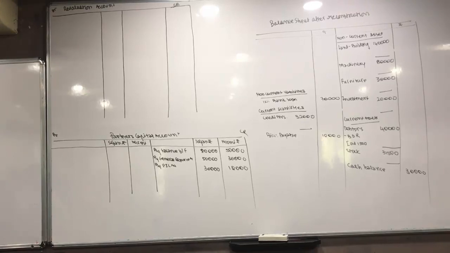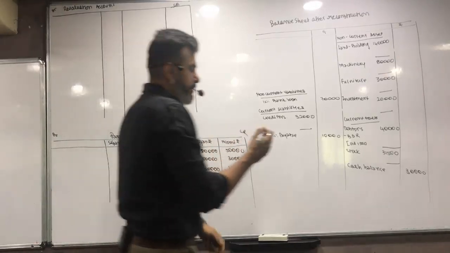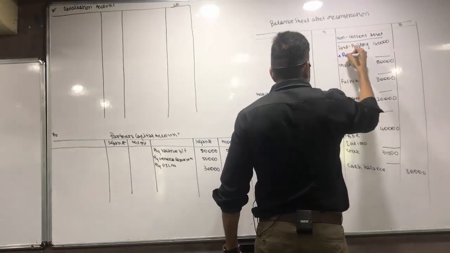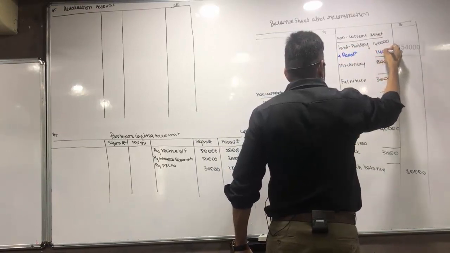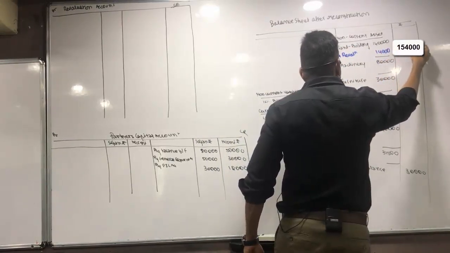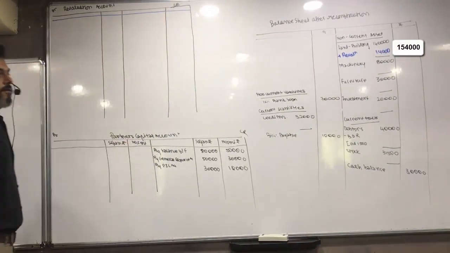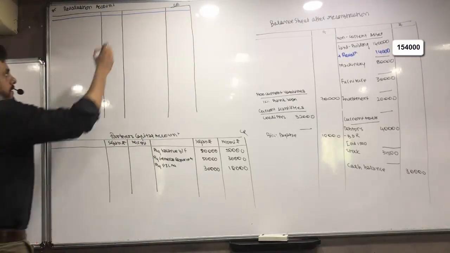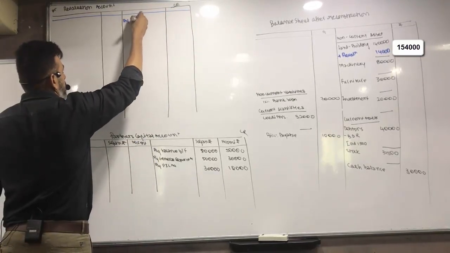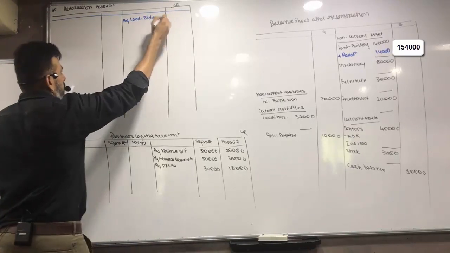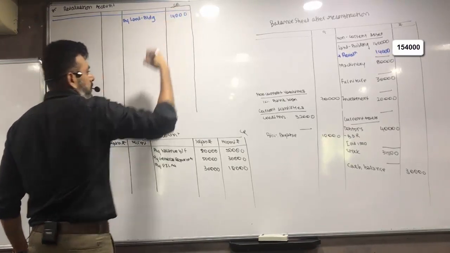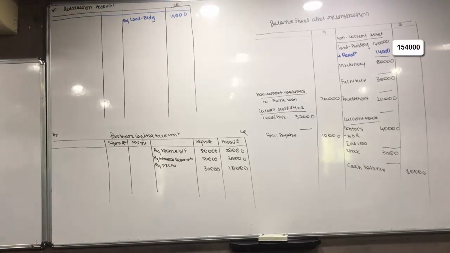Done with everything up to here? Let's start with the adjustments. Value of land and building increased by 10%, plus revaluation. Second effect. Increase is on what side of the revaluation account? Credit side. Furniture and machinery to be reduced by 40%.